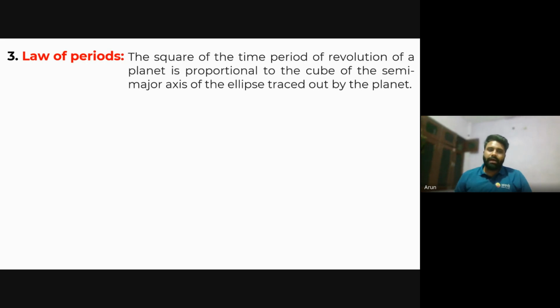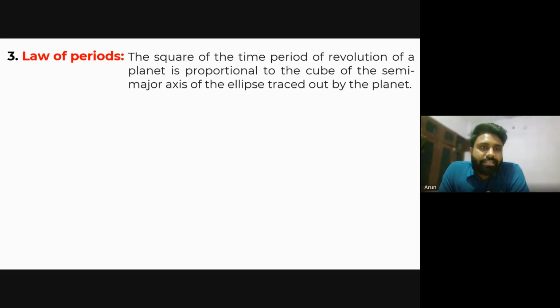Now the law of period we have to take. Law of period tells us about the period, the time period to complete one revolution by a planet around the sun. So how is this time period proportional to something? How does it affect?